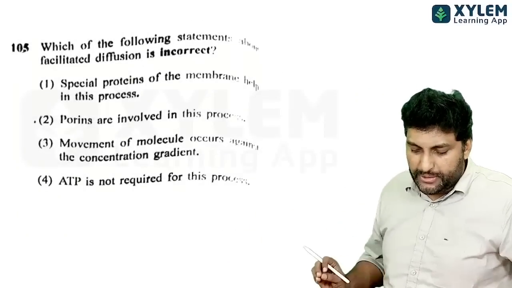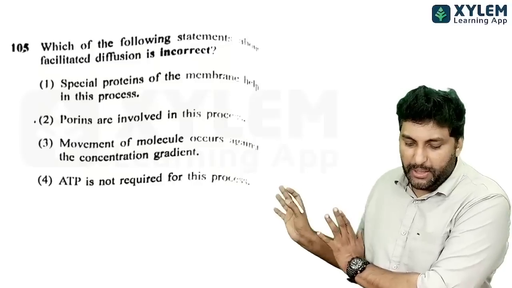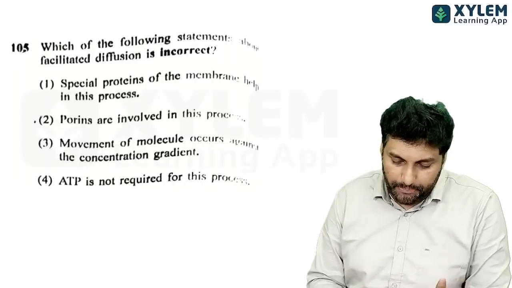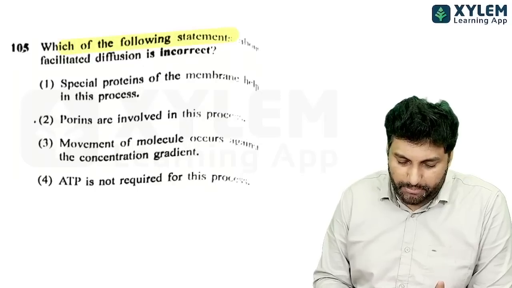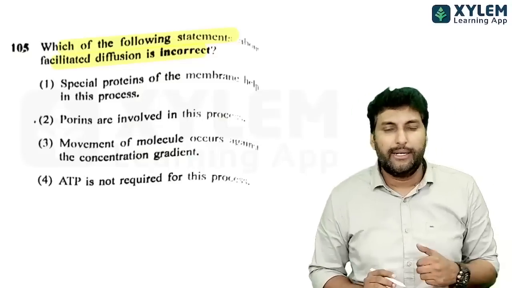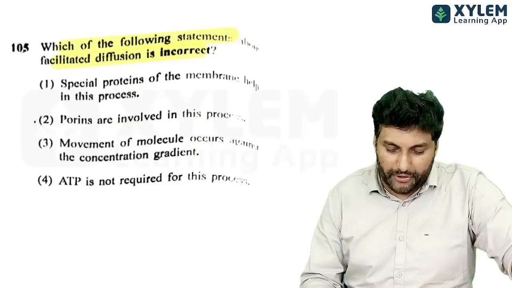Actually, you can view the question not clearly, but the last part is somehow missing. I will read it. The question is like this. Which of the following statements about facilitated diffusion is incorrect? They're asking which is the wrong one. So let's move to the first one.